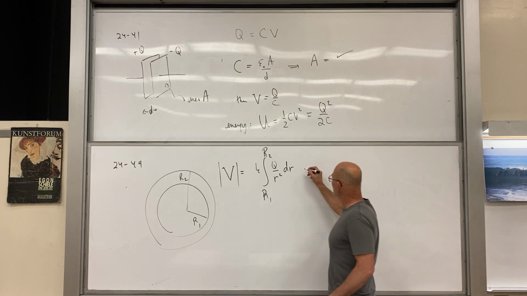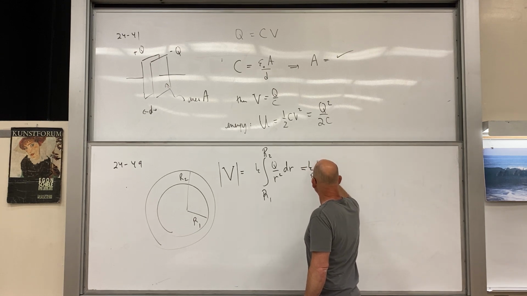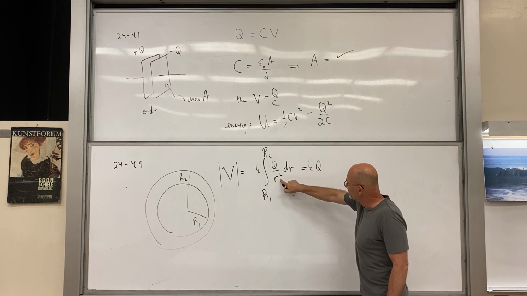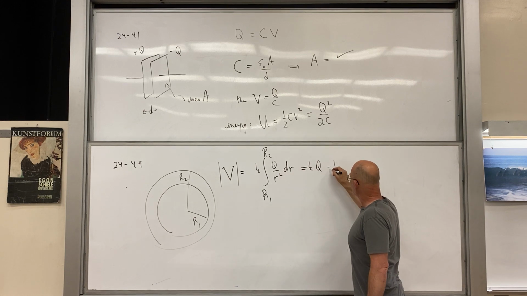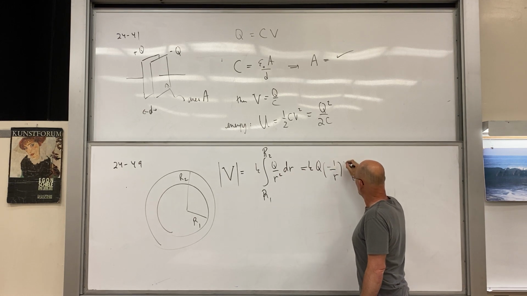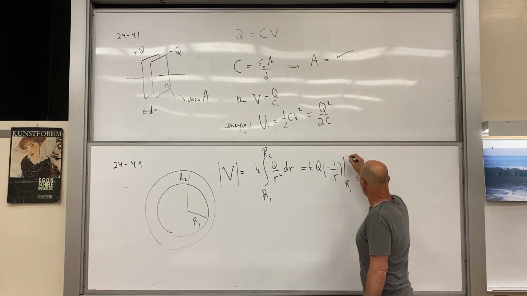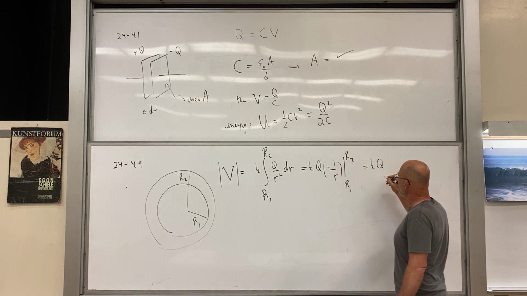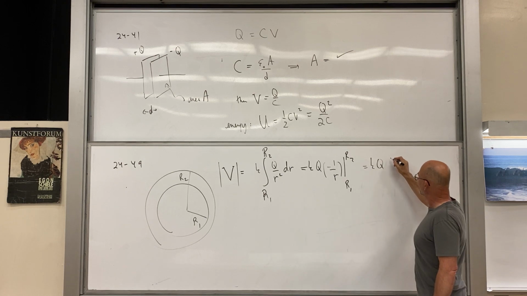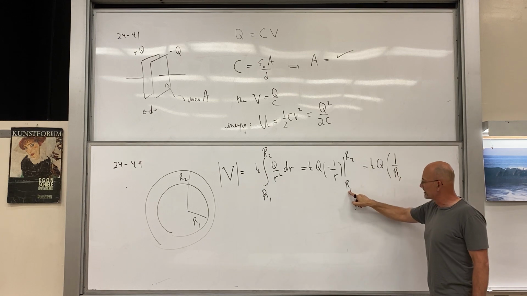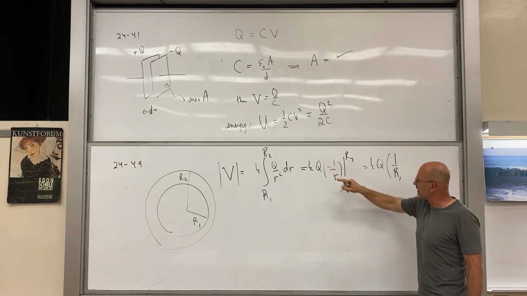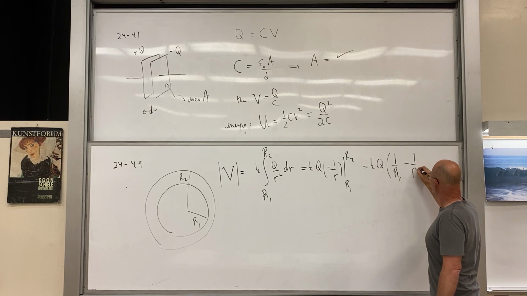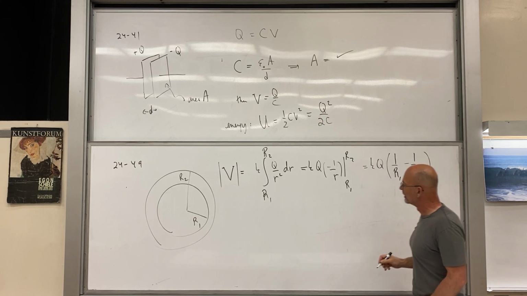So we have KQ, and then the integral of 1 over R squared is minus 1 over R, from R1 to R2. I'll do the bottom limit first and get rid of the minus sign: 1 over R1 minus 1 over R2.